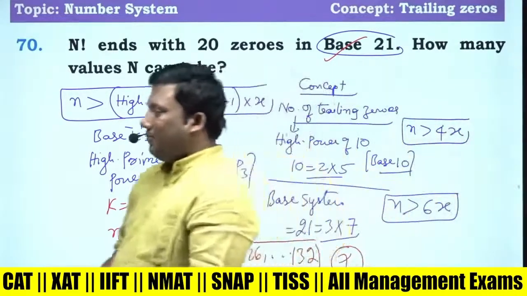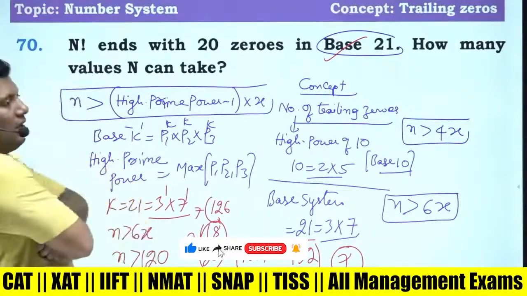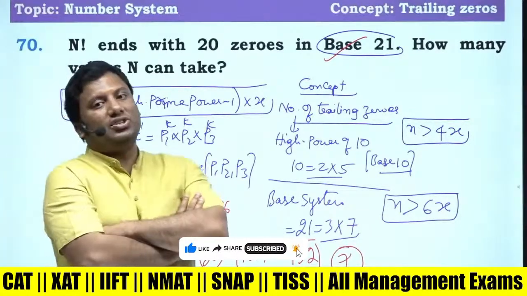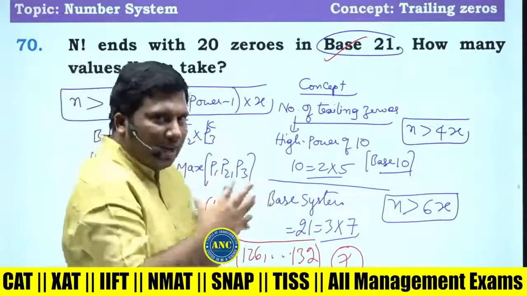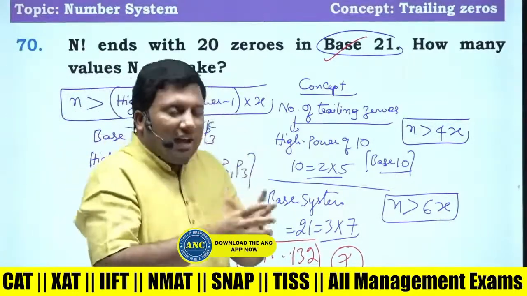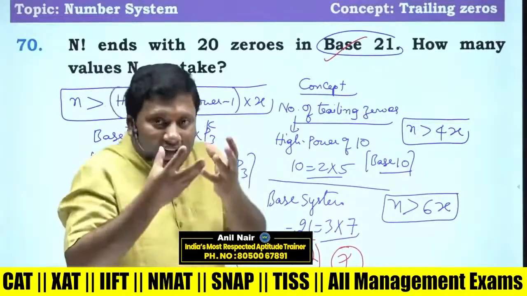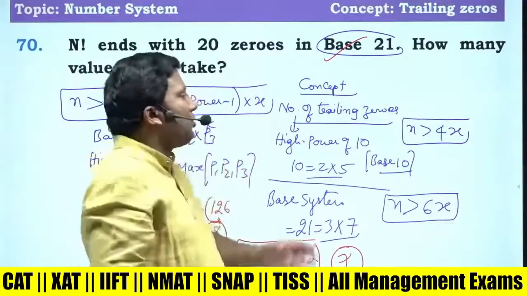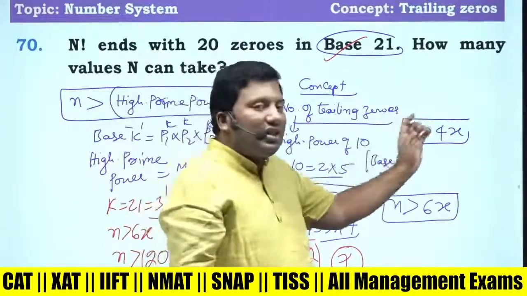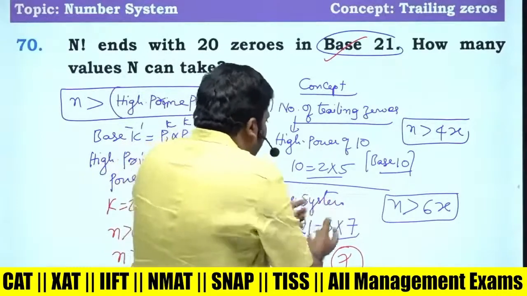This is a very interesting question, sir. So, can I correlate the question in base system 10 to base system 21? In base system 10, the number of trailing zeros is given by the highest power of 10. 10 is 2 into 5. So based on 5, I got the relationship 4x. In 21, it is 3 into 7.